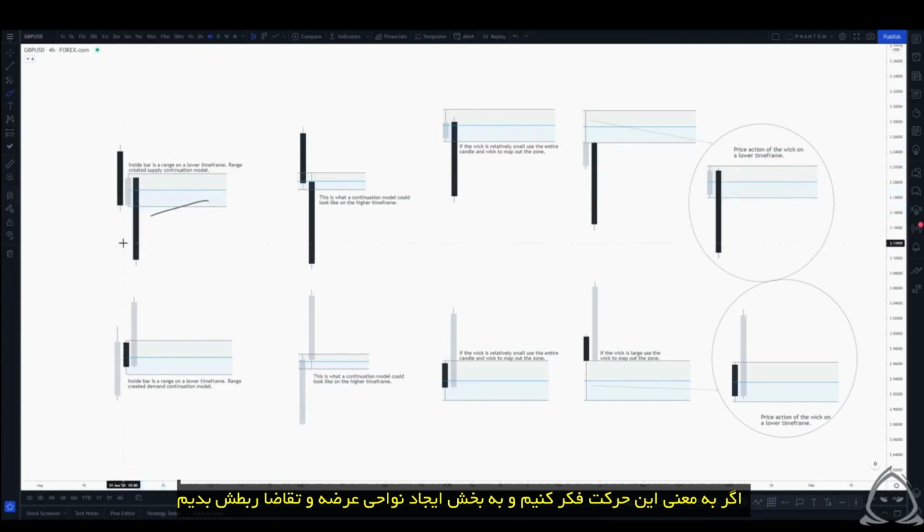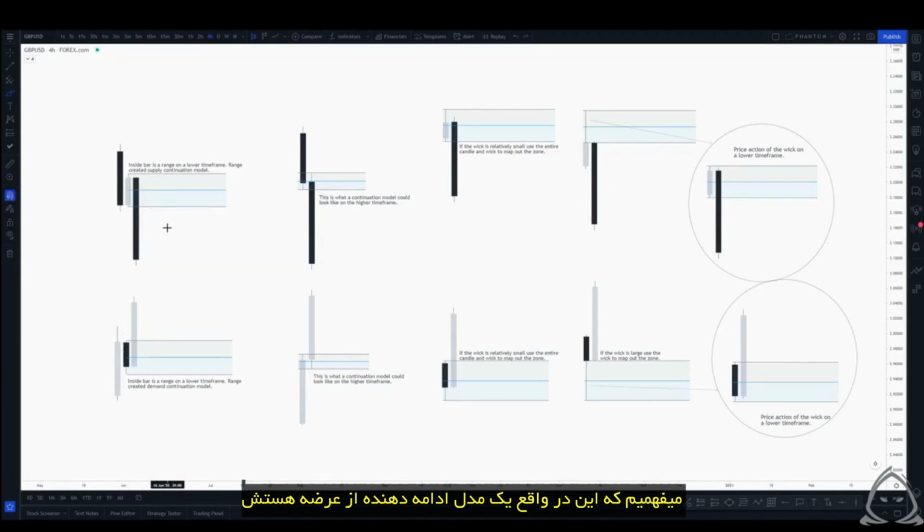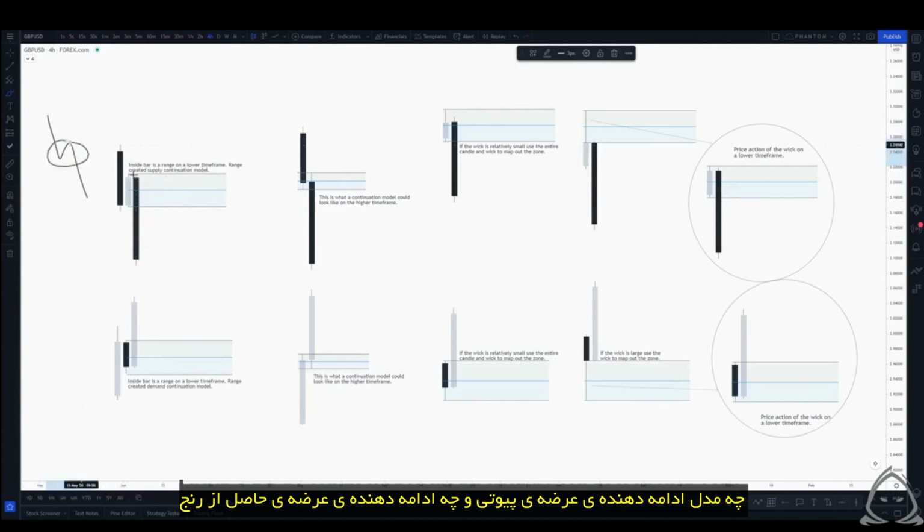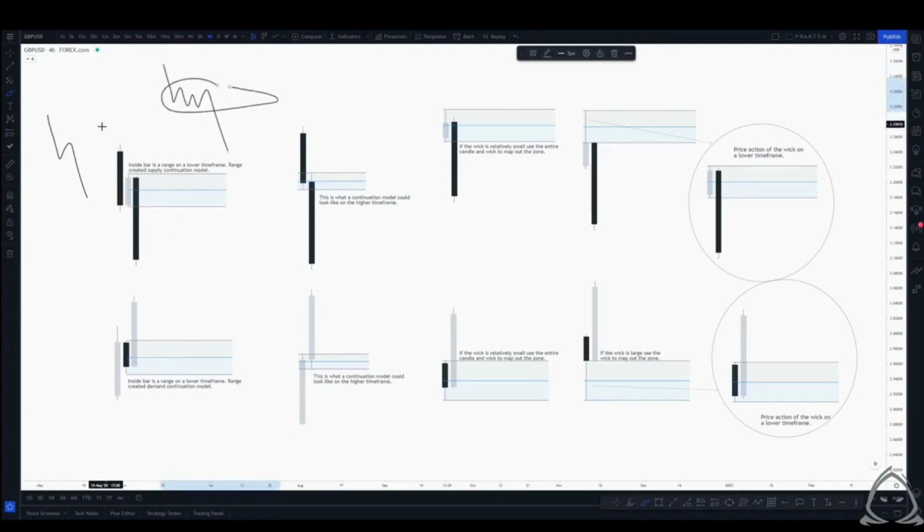And if we just think about what this is implying on a lower time frame, going back to our models of creation of supply and demand, what we can gain from that is that this is actually a continuation model of a supply zone being created, whether it be a pivot created supply zone continuation or a range bound supply zone continuation.